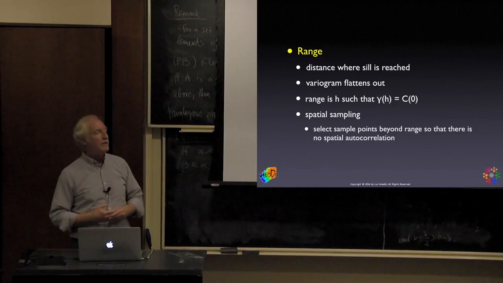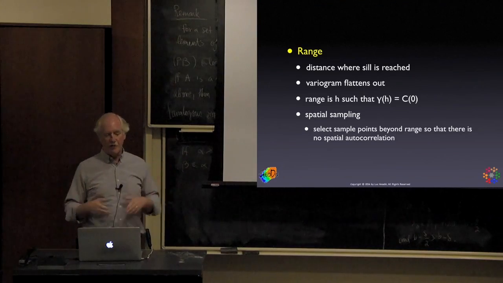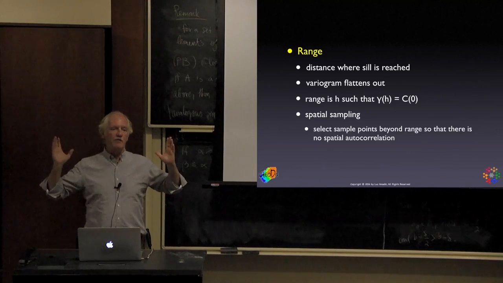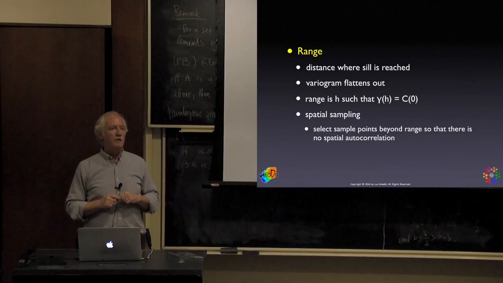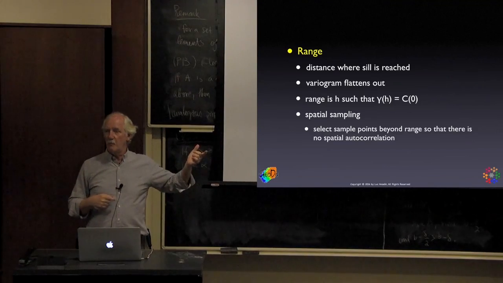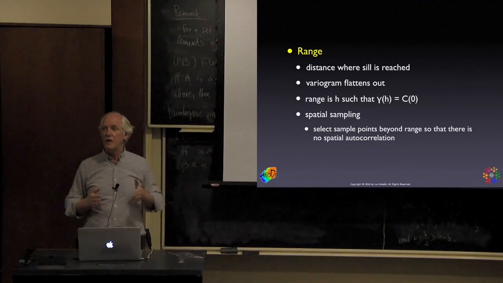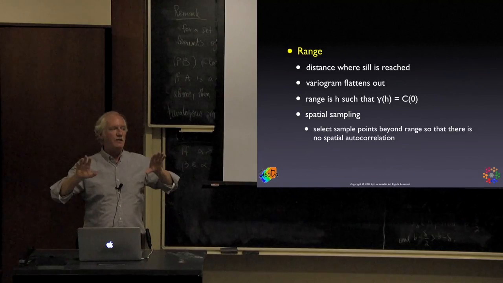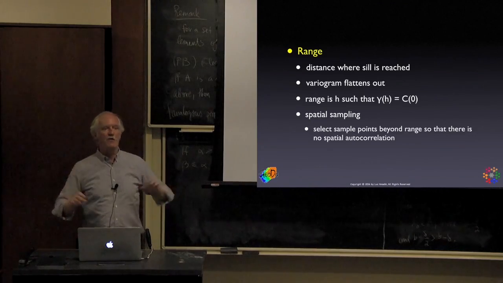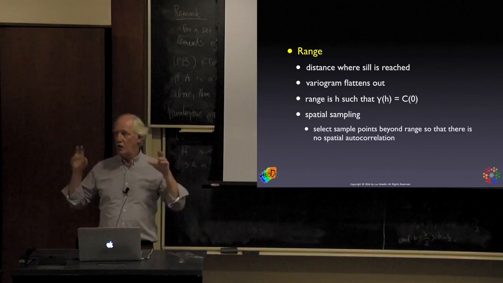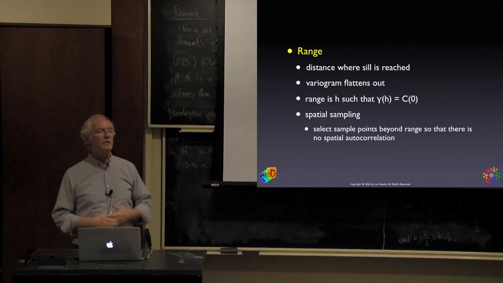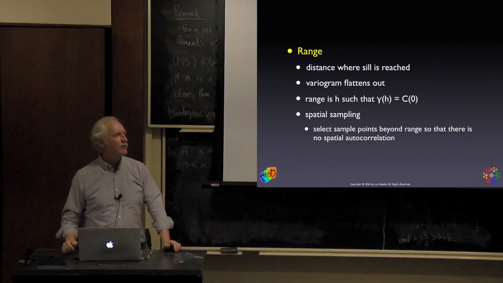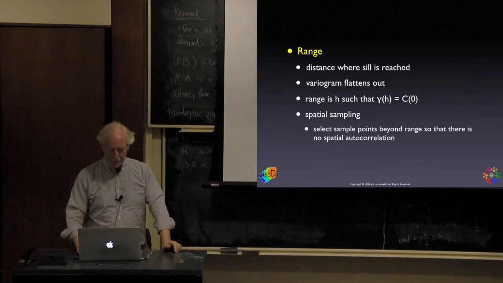So how you can do this is you take, for example, if you're looking at remotely sensed images, which are thousands of pixels, you take a subset of the pixels, you fit these kind of models to them, you figure out what the range is, and then you resample the pixels. But if you're not interested in spatial autocorrelation, you make sure that they're far enough apart. And that gives you then a clean, uncorrelated sample where you can use all the usual statistics, not having to worry about spatial autocorrelation. Okay.